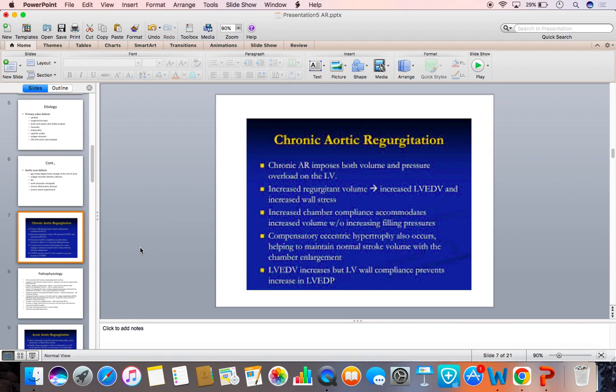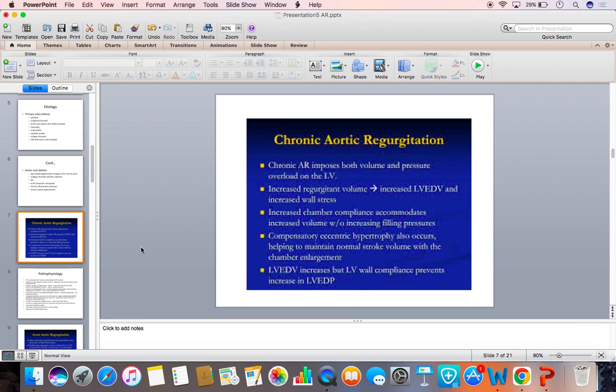So this volume overload is well accepted by the left ventricle with good compliance, resulting in an increase in the left ventricular end diastolic volume without raising the end diastolic pressure.